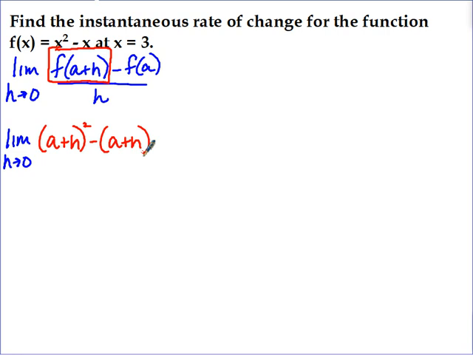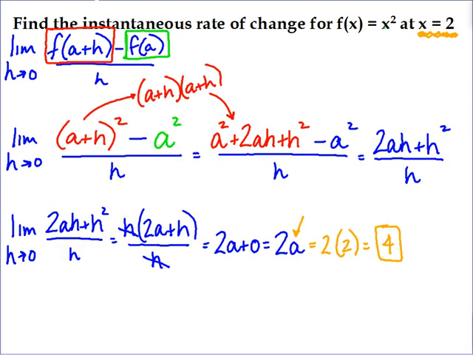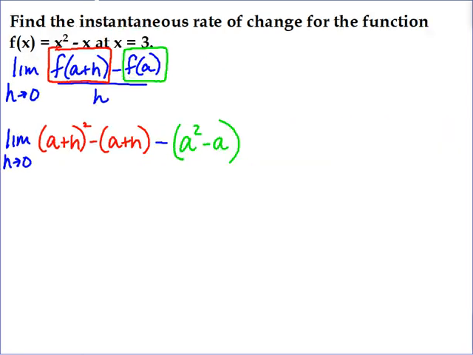Now I'm going to subtract f of a. Now I'm going to put this in parentheses because I'm subtracting the entire function. So whatever that function looks like, that's what I have to subtract. On the last example, I only had 1 term, so I didn't have to worry about putting it in parentheses, but you could have if you wanted. So now I have to put it in parentheses because I have 2 terms there. And everything else stays the same.